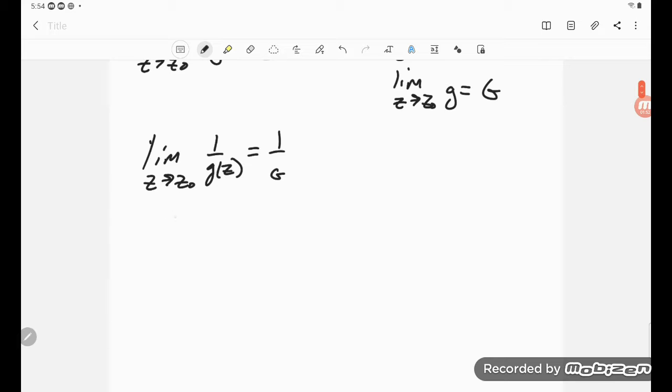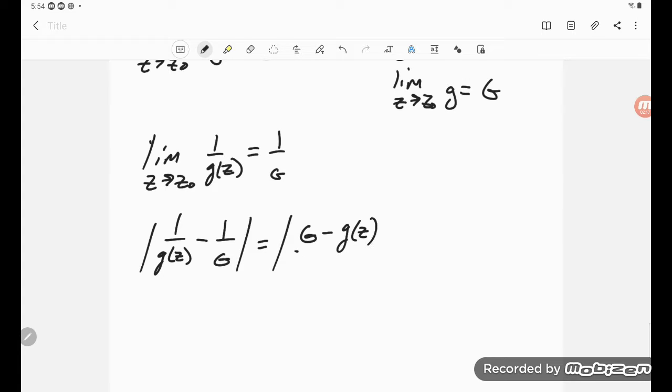And so I'll start with 1 over g of z minus 1 over big G. Okay, well, I'm going to get a common denominator, because when I do that, I get this nice big G minus g of z all over big G and g of z like that.